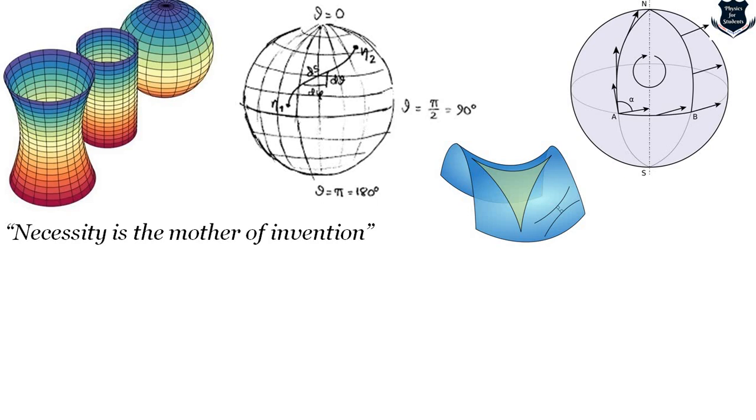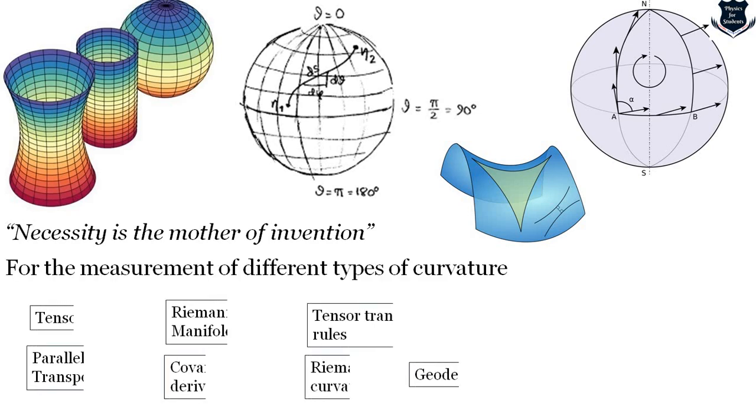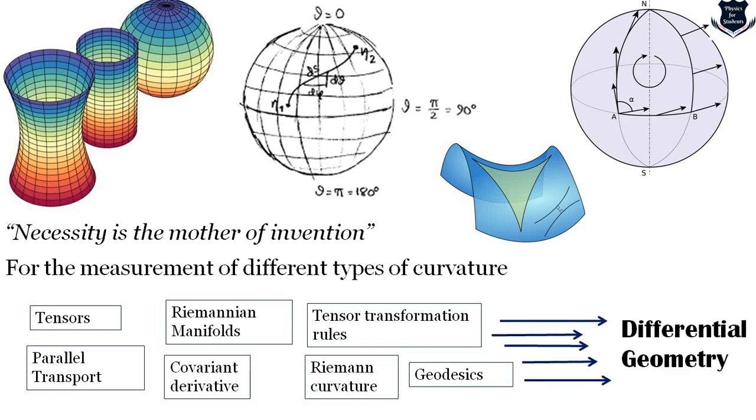So with Bernhard Riemann, the field of differential geometry was set ablaze. The need was the invention of a different kind of geometry for the measurement of different types of curvature. All these tensors, parallel transport, Riemannian manifolds, covariant derivative, tensor formation, Riemann curvature, and geodesics led to the formation of differential geometry.